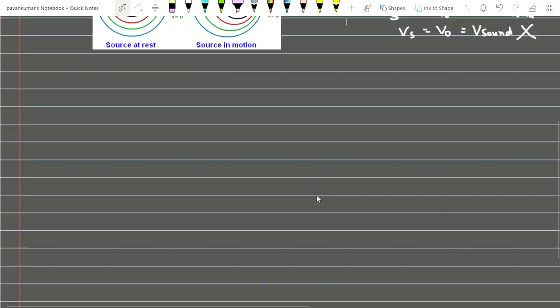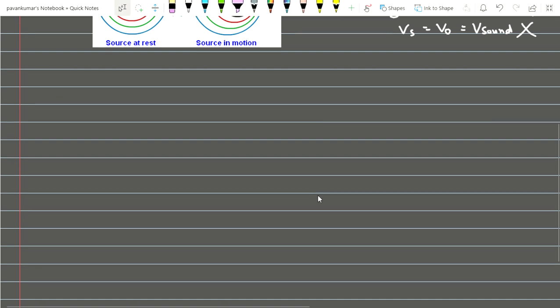So, let us consider case 1, in which the source is moving towards the observer. The velocity of source is Vs, the velocity of observer is 0. That is, the observer is at rest and the source is moving towards the observer.